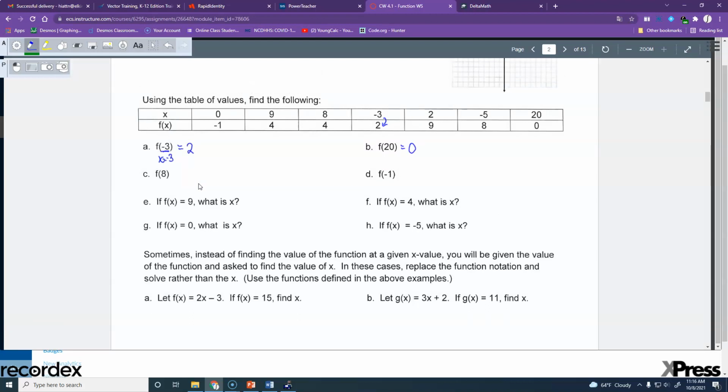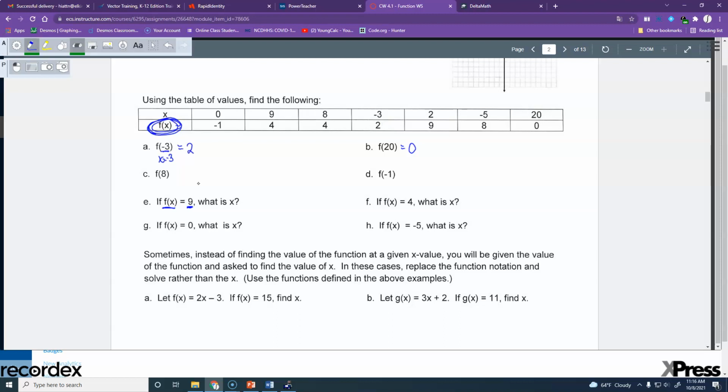E says if f of x equals 9, what is x? It is not 4 here. It is 2. So they're telling you f of x equals 9. The f of x row is right here. So this is like saying the y coordinate is 9. The f of x coordinate is 9. So this time, when it's worded like this, you're going backwards.